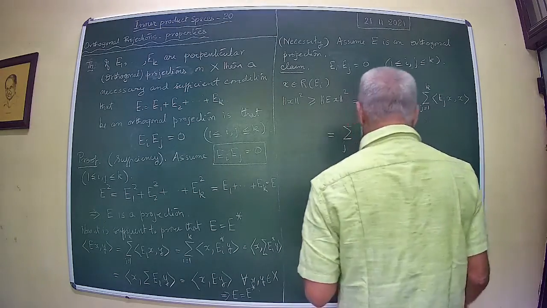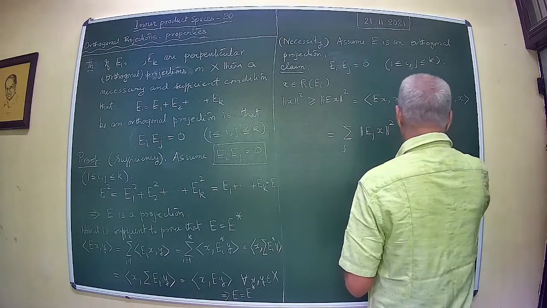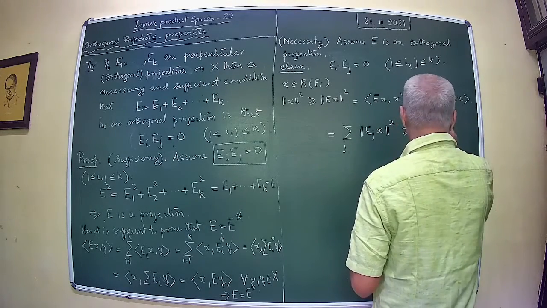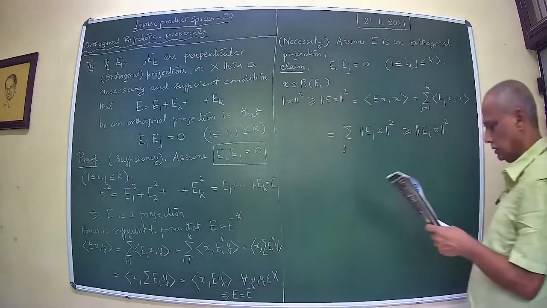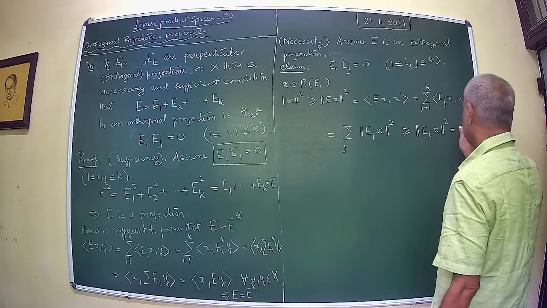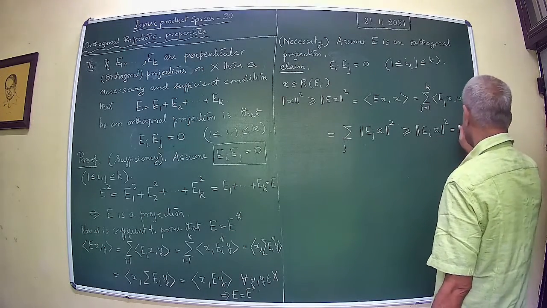And this of course is greater than or equal to norm of Ei x square, because it is one of the components of this whole thing, and this of course is what you start with. We have started with Ei x is x, therefore this.